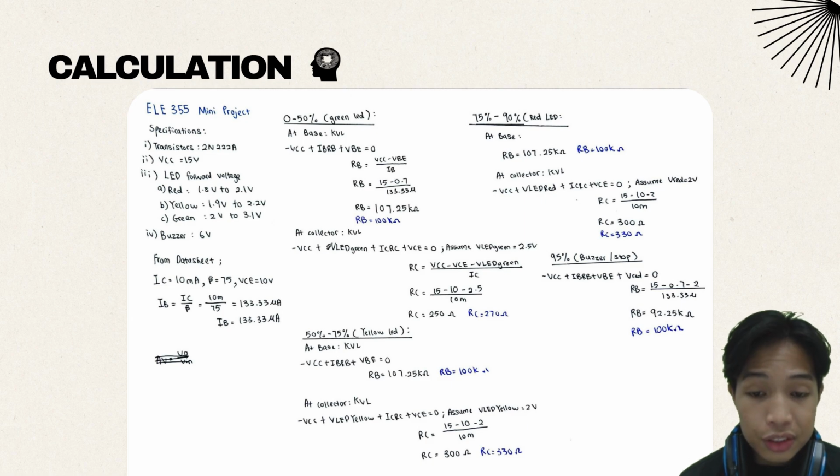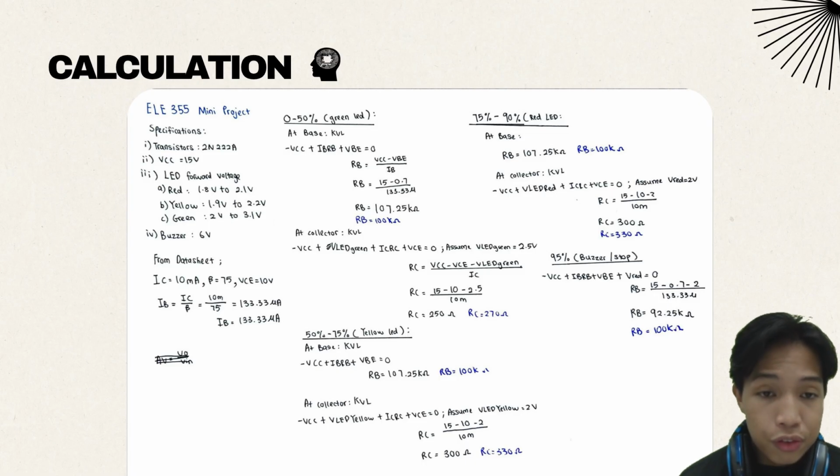At 50 to 75%, which is the yellow LED, the base resistor is 107.25 kilo ohm, and in the E12 series it will become 100 kilo ohm. And for RC is 300 ohm, E12 series 330 ohm.